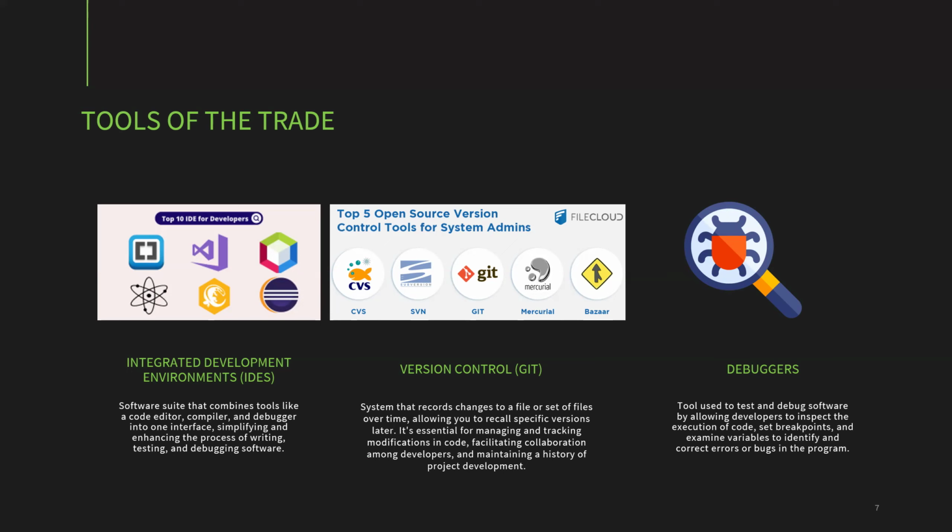So what do you do? You go through the code line by line to see where exactly the issue is happening. To do so, you need a debugger. So the IDE combines the code editor, the compiler, and the debugger in one interface, which simplifies and enhances the process of writing code.